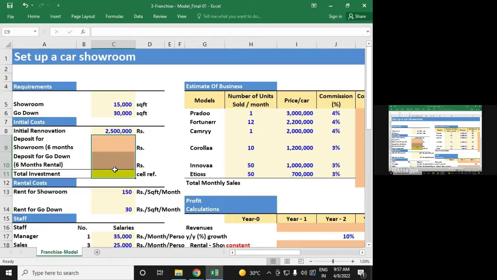Yes, total investment required, everyone. Two crore 14 lakh is correct.